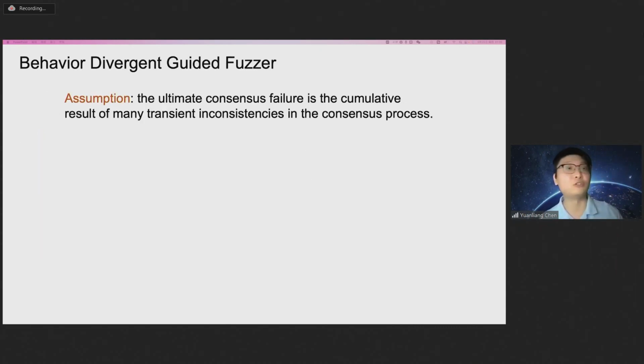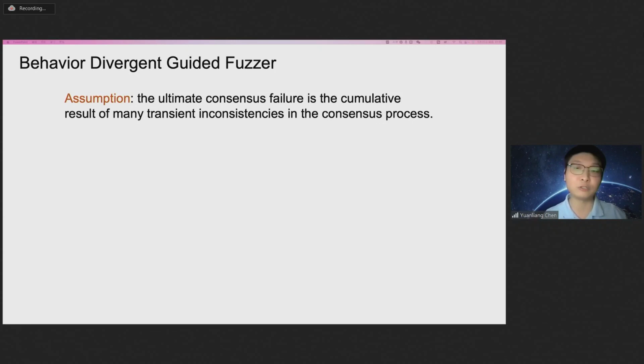First of all, let me introduce the behavior divergent guided fuzzing. As we all know, most consensus processes of blockchain systems in practice aim at guaranteeing eventual consistency. Transient inconsistencies in node behavior are normal and allowed.